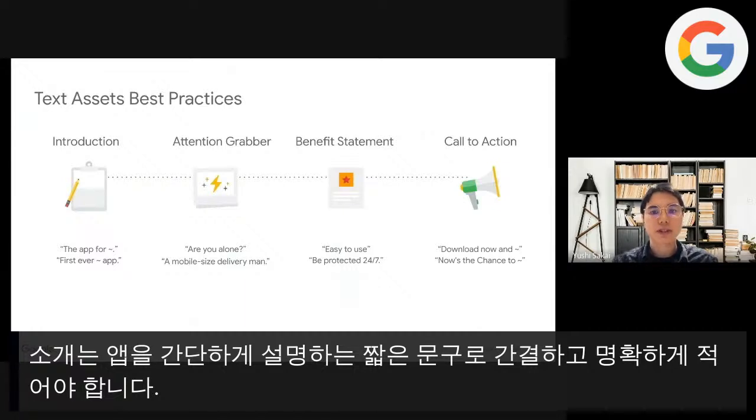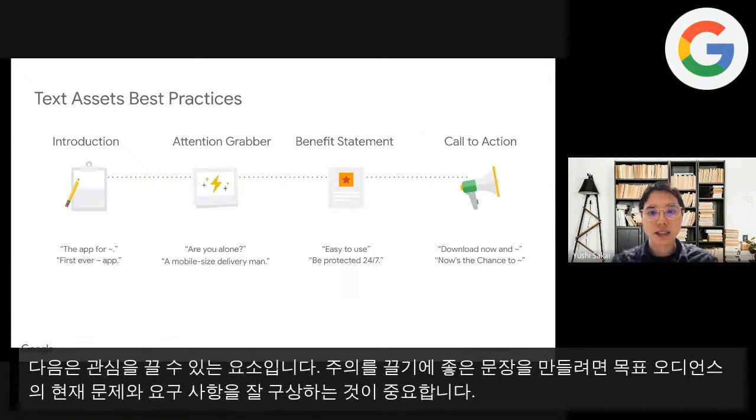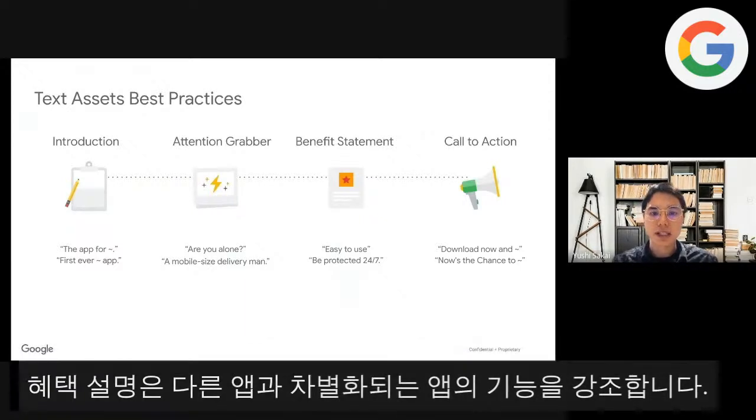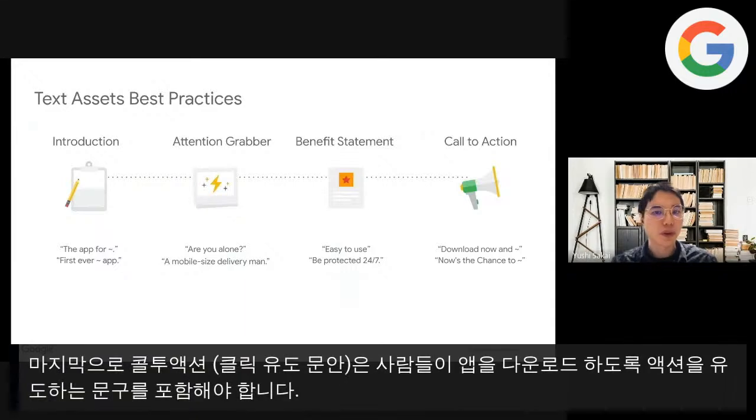To come up with good attention grabber sentences, we recommend imagining the current challenges and needs of your target audience. Benefit statements highlight the features in your app that make it unique from other apps. Call to action is often forgotten, but please be sure to include a statement that encourages people to download your app.